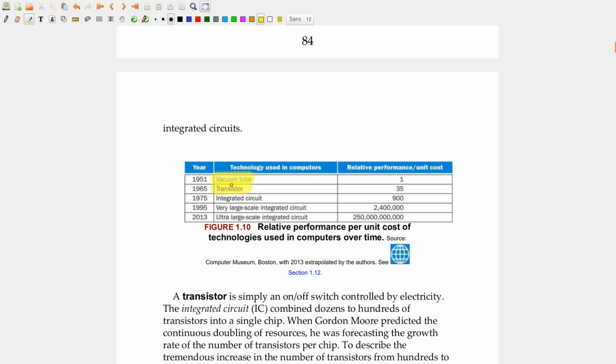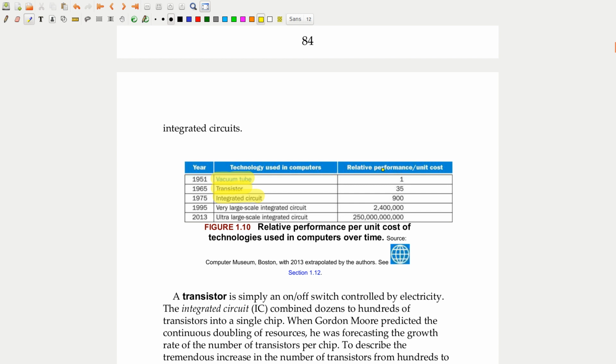Yale Patt's a famous professor from UT. He still teaches at UT to this day. I think he's like 78. Great professor. Then we have 1975, the first integrated circuit, if I'm not mistaken. This was at Texas Instruments, founded by Jack Kilby.